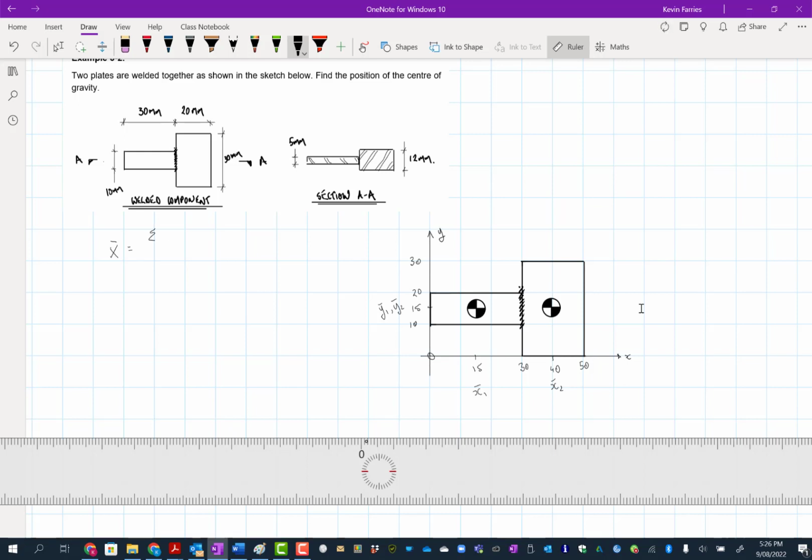X bar is equal to the sum of the centroid of each shape times the mass of each simple shape. We'll use mass, we don't have to multiply by 9.81. And then we're going to divide it by the total mass.